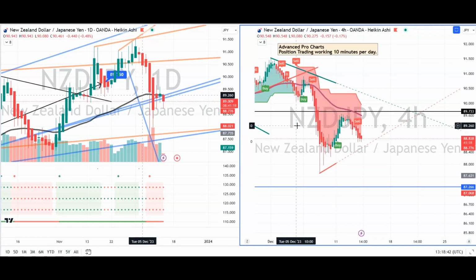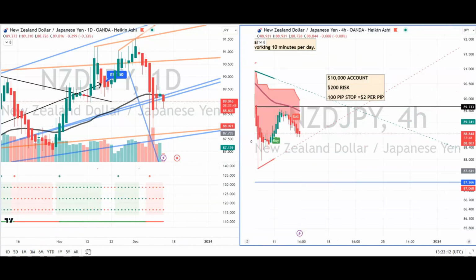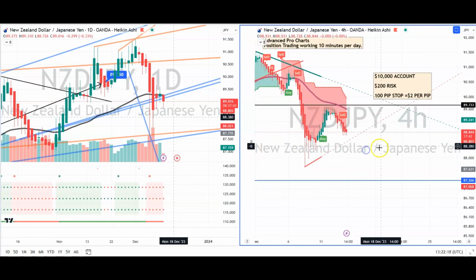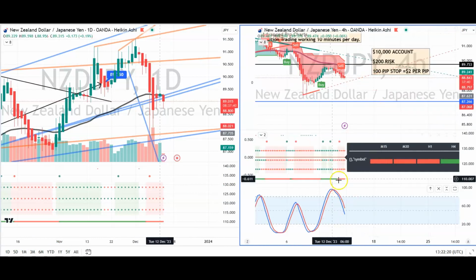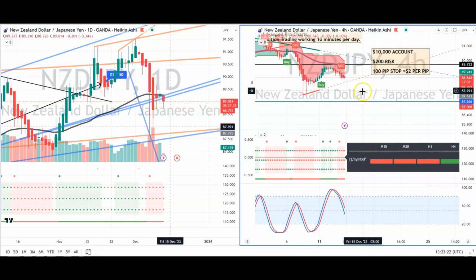Now what I'm going to do, based upon that $2 per pip, is show you something in terms of the Advanced Pro Plus charts. Before I go into the Advanced Plus charts, let's do this calculation for a second. We have a swing high on the Advanced Pro charts, so that's perfect.